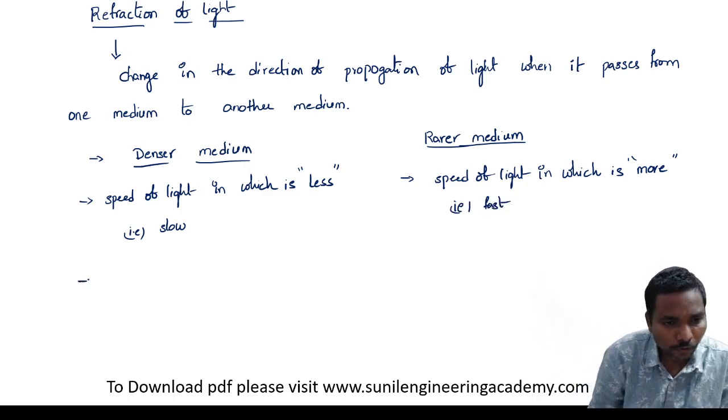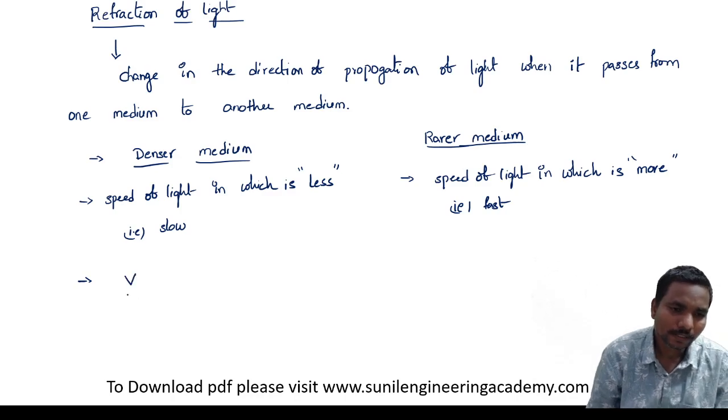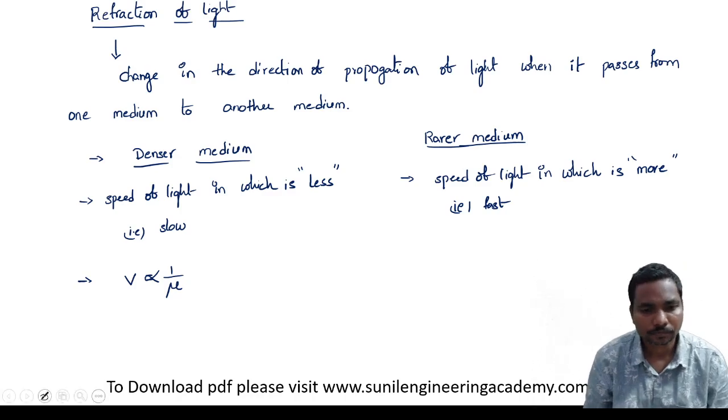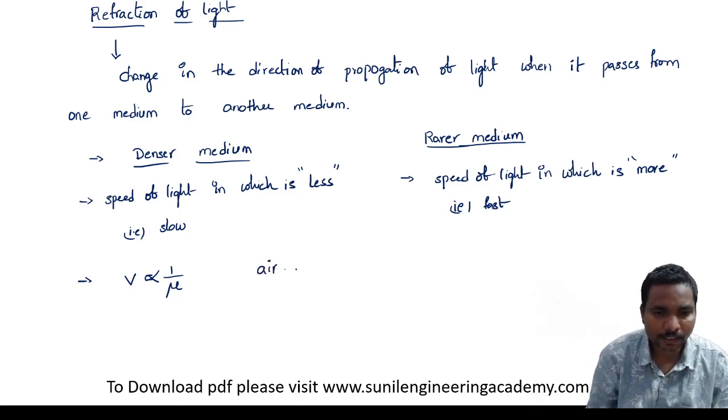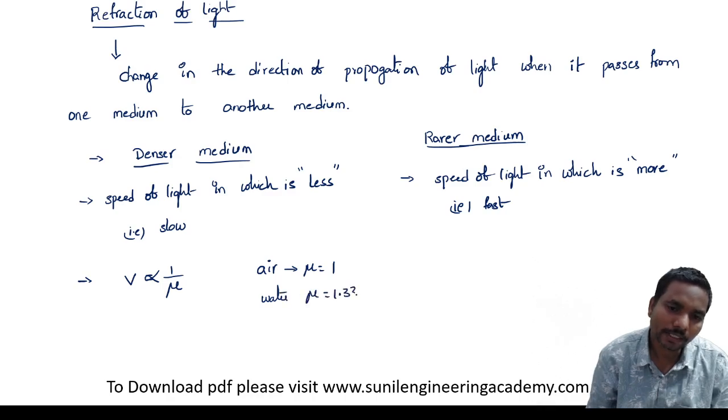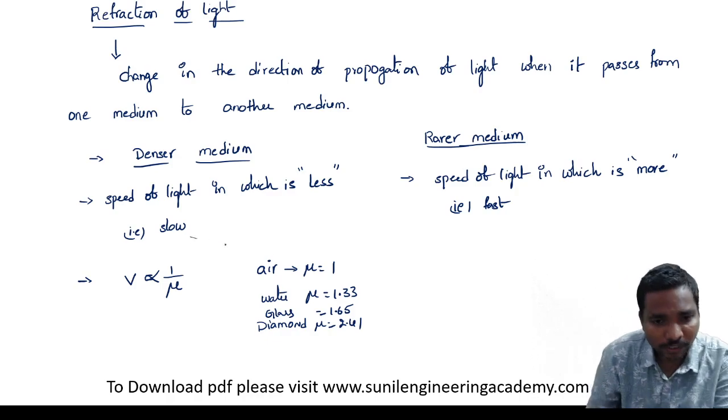For example, we know very well that the speed of light in any medium is inversely proportional to the refractive index. Correct? If you consider air, the refractive index is 1. Water is 1.33. Diamond is 2.41. Glass is 1.65. So if the refractive index is less, the speed is more.